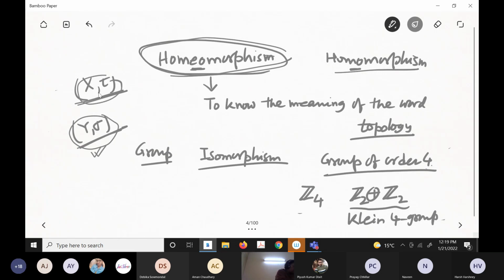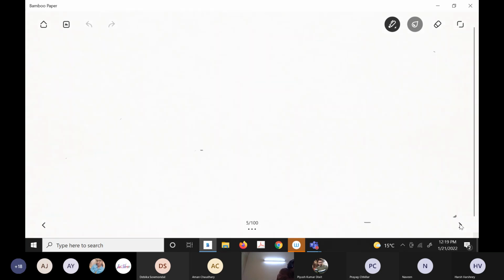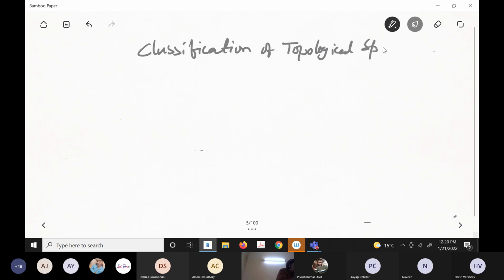Now I want to know how you will go for classification of topological spaces. So basically the idea is the classification of topological spaces. The idea is like in groups, so that I would like to go for a simpler description.